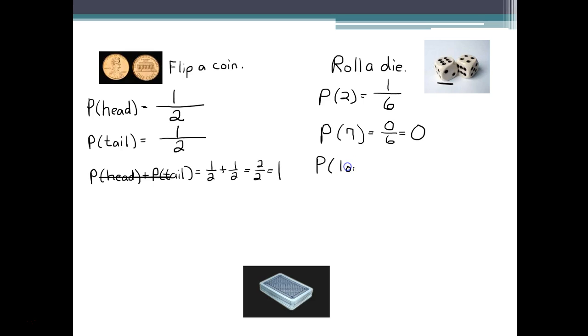Probability of getting a 1 or 2 or a 3 or a 4 or a 5 or a 6 is 6 out of 6 or 1. So you have 6 outcomes total possible, and then 6 favorable outcomes that goes on top.